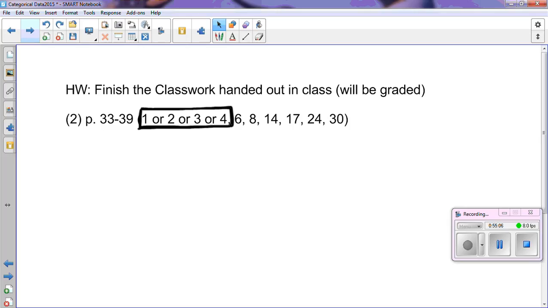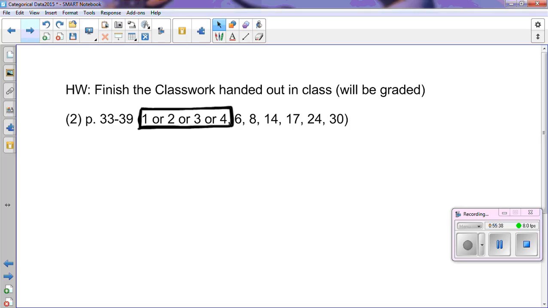In your homework, the first 4 problems ask you to go out and find a pie graph, a bar graph, a contingency table, or whatever. So you can search the internet, but you need to physically print and bring it to me. Or you can copy and send it to me in an email. That's okay. We can bring it up and show it on the smartboard. But I want you to find, you can cut it out of a magazine, you can cut it out of a newspaper, you can go online, but I want you to find one of the graphs.